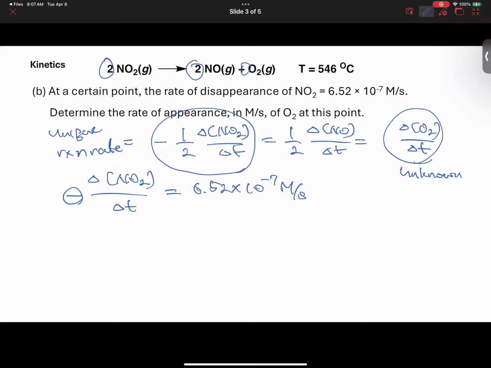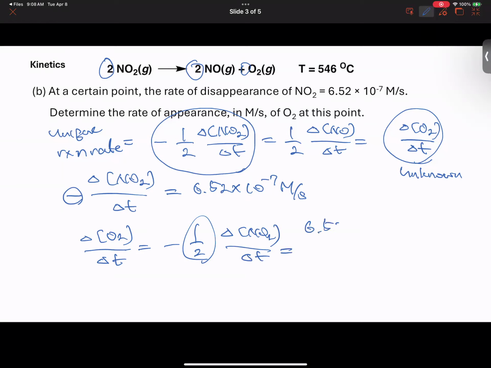This one is disappearing. And this one, the appearance rate is half of it, okay? Half of the disappearance rate. So then this one is 6.52 times 10 to negative 7 molarity per second, half, which is 3.26 times 10 to negative 7 molarity per second.